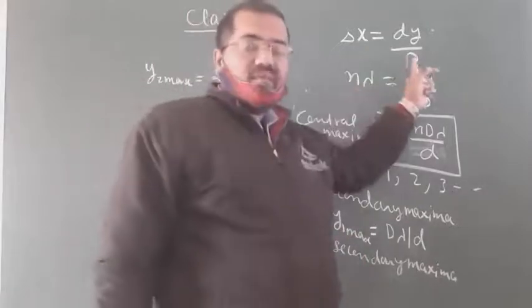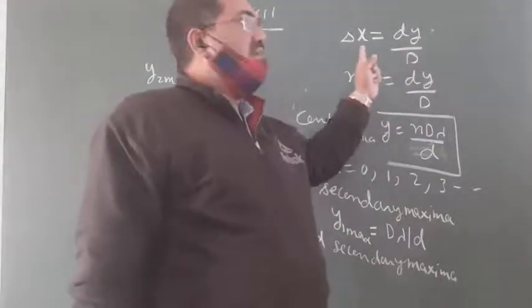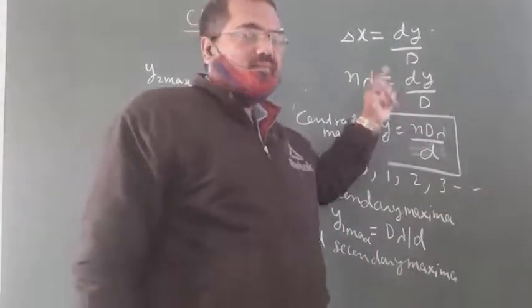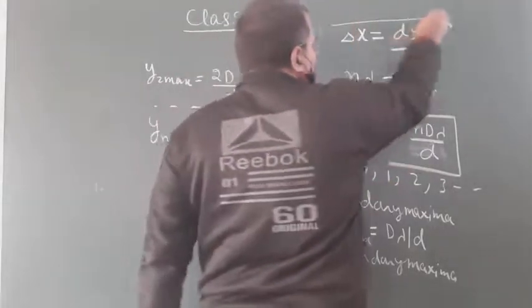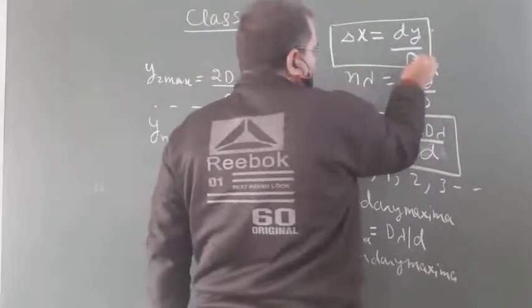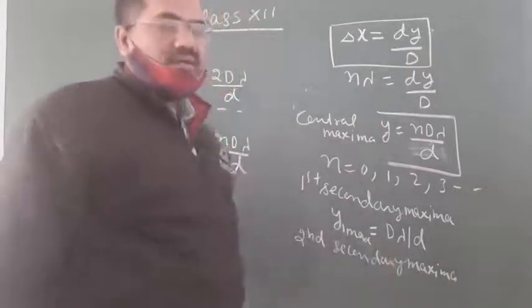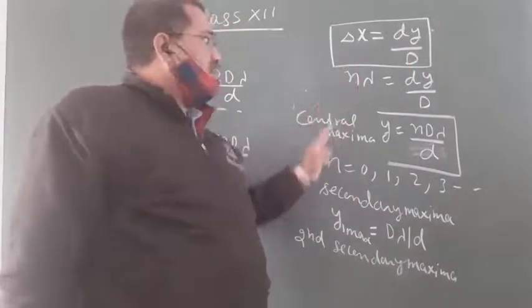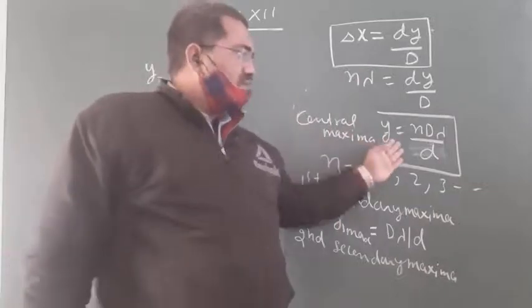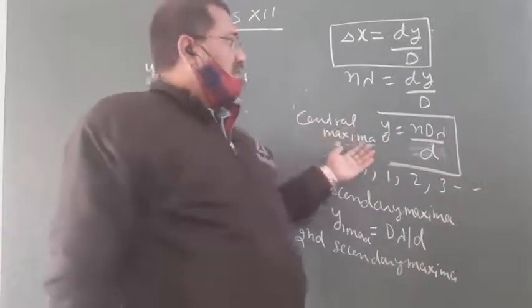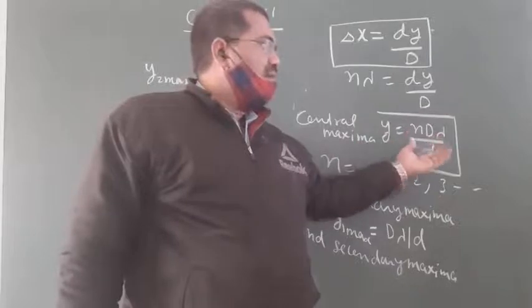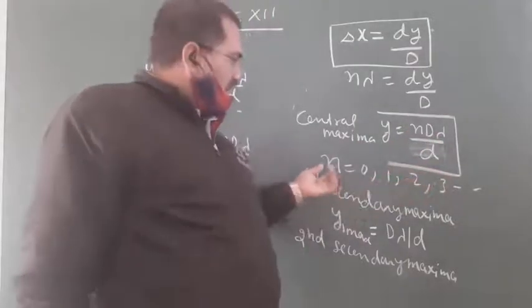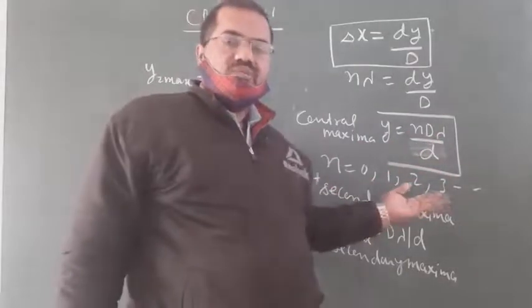This is the formula for position of secondary maximas. This is the general formula for path difference between two waves for maximas as well as minimas. But for the condition for maxima, delta x must be n lambda. So this is the general formula for maximas, y equal to n D lambda by d, and n equal to 0, 1, 2, 3 and so on.